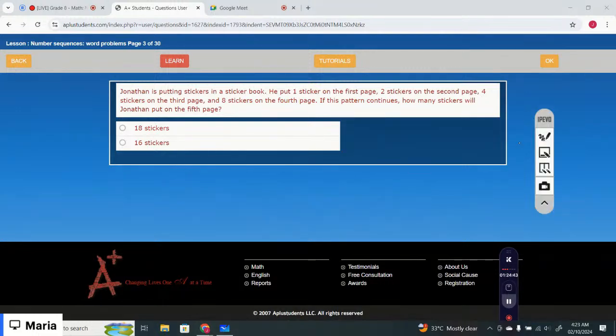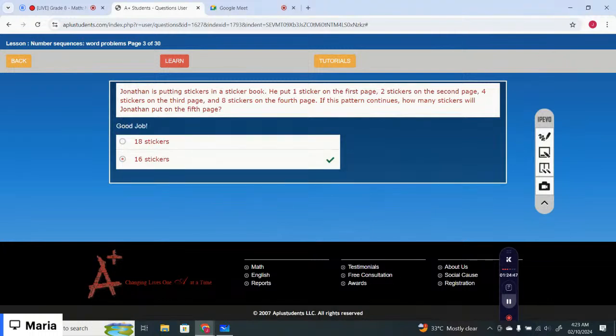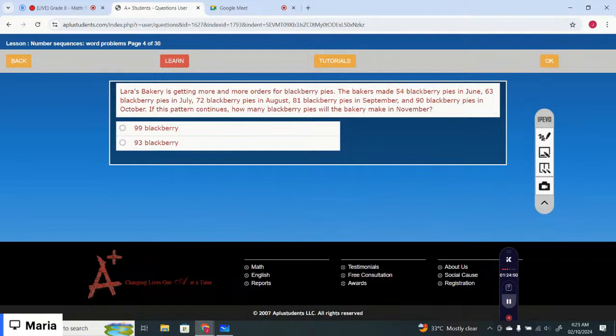They all are the multiples of 2. So that means for the next one, on the fifth page, he put 16.